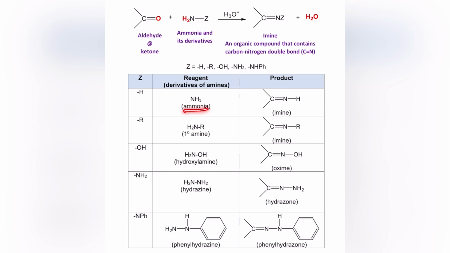So if you have ammonia and primary amine as your reagent that reacts with carbonyl compounds, you will form imine as the product. The others, apart from these two, you are going to form different kinds of products. But you should understand, this is where we are going to combine at this bond. So this bond is the combination between carbonyl compound and ammonia with its derivatives.